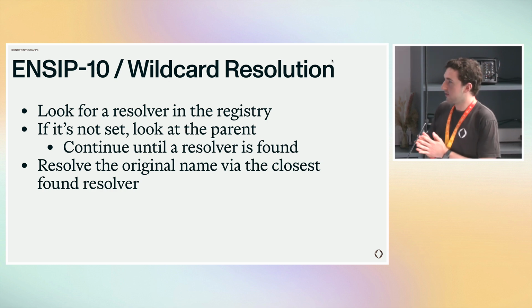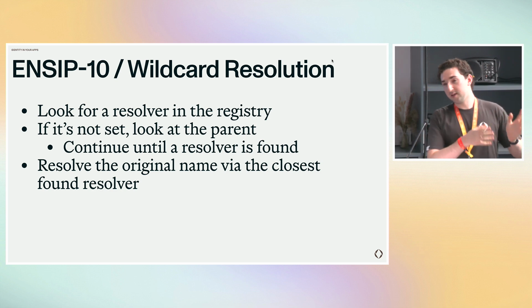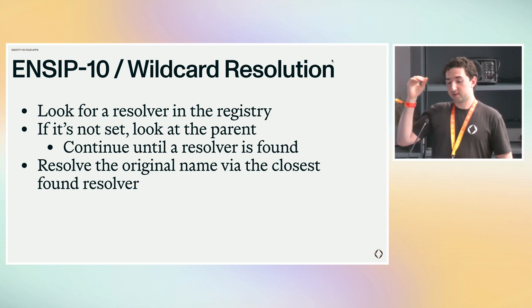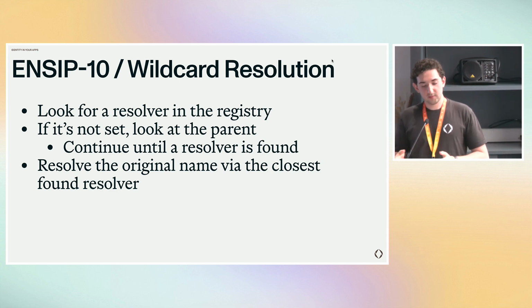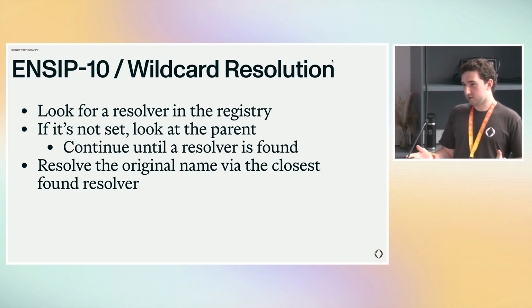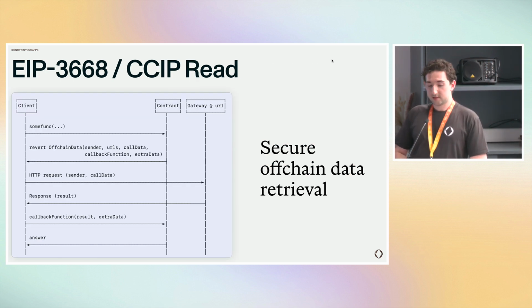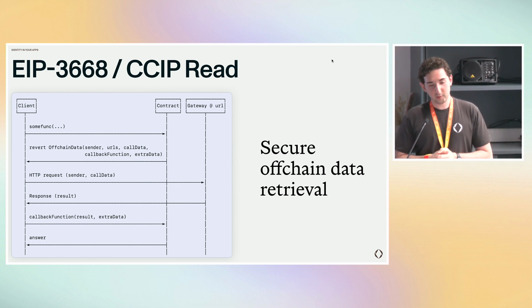And the way this works is MetaMask would look for the resolver of name.cb.id. That wouldn't exist, and then it looks for the resolver of cb.id, and that does exist on-chain. Then it would resolve name.cb.id through the resolver of cb.id, and this is wildcard resolution, the ability to resolve subdomains under a parent name.